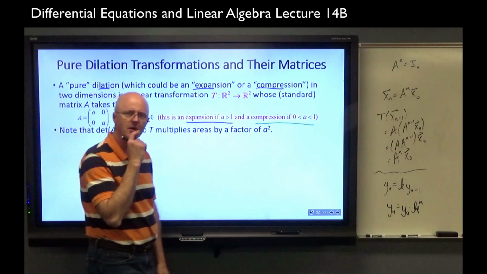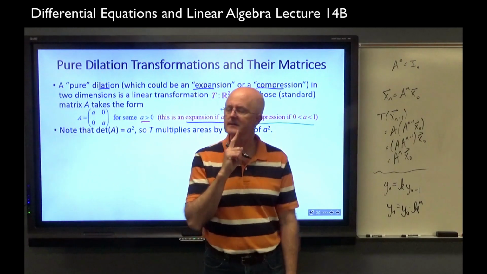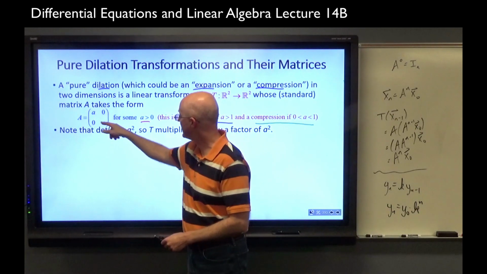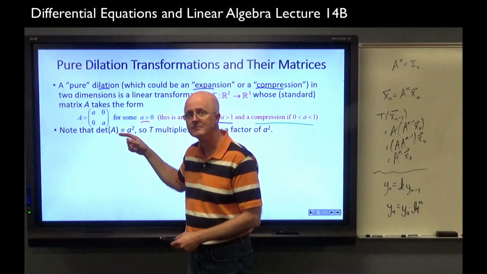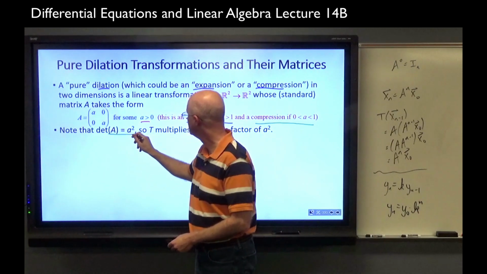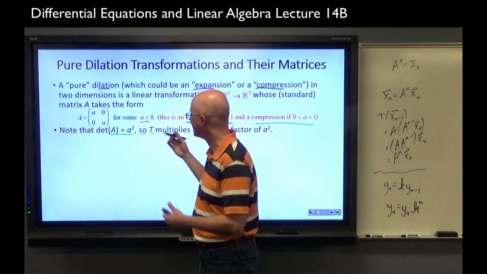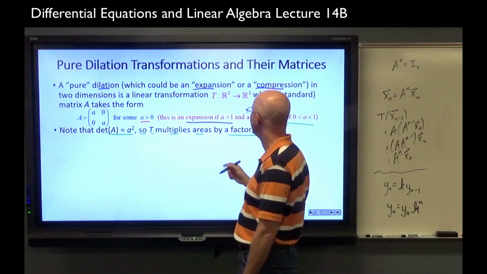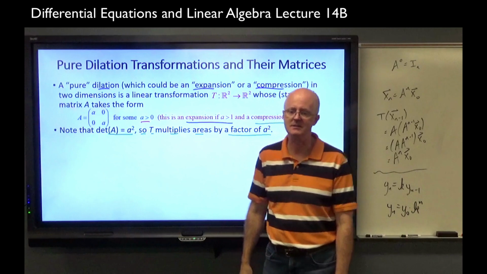Let's relate this to determinants and areas. The determinant of this matrix is A times A minus 0 times 0, A squared. So T, or the action of T, you might say, multiplies areas by a factor of A squared. It's not that T itself does the multiplication.